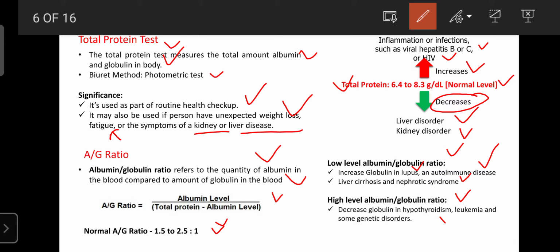So in the case of hypothyroidism or leukemia or some genetic disorders, where the globulin level decreases, automatically the albumin level increases and the ratio can be altered. So that can denote the person is suffering from hypothyroidism or leukemia or some genetic disorders. If the albumin level is decreased, that is due to an increased globulin level, which is seen in lupus and autoimmune diseases as well as liver cirrhosis and nephrotic syndrome.